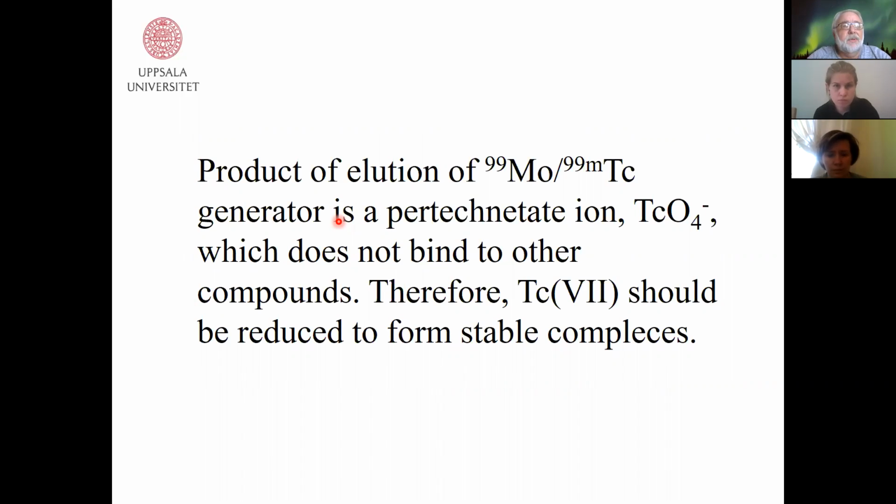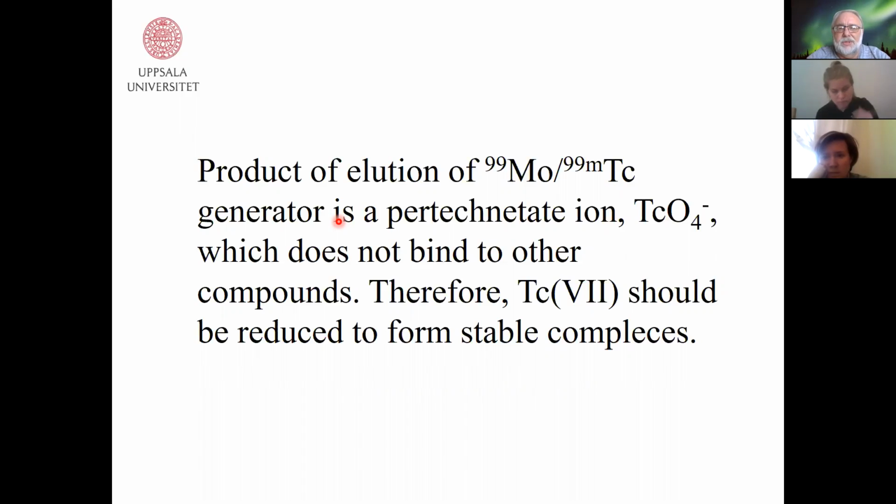Well, in principle, you can use technetium as a pertechnetate. So it's a monovalent anion, and it mimics iodide, so it cheats the sodium iodide importer, so you can study the function of thyroid gland using pertechnetate or diagnose well-differentiated thyroid cancer.